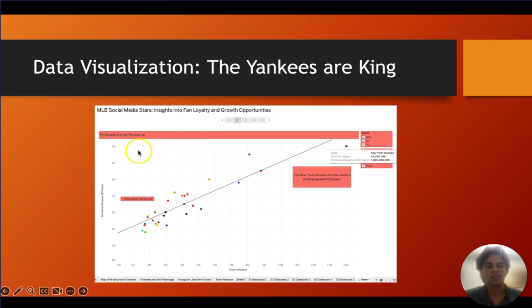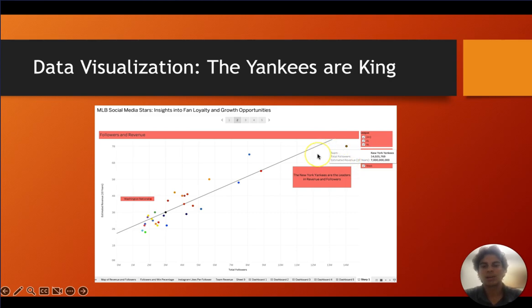And then getting into this first visualization, showing again that the Yankees are king when it comes to total followers and estimated revenue. Here's our first scatter plot where we can see these dots are plotted along this graph, and in the top right you can see that it shows the Yankees and their total followers and their estimated revenue for the past 10 years.